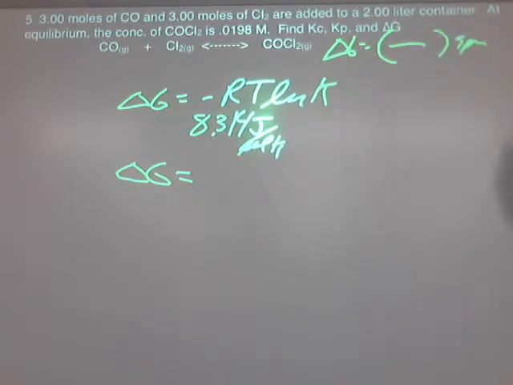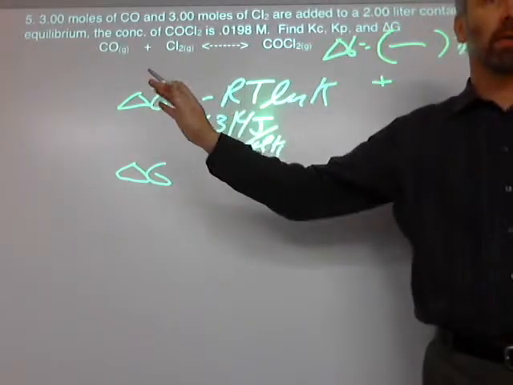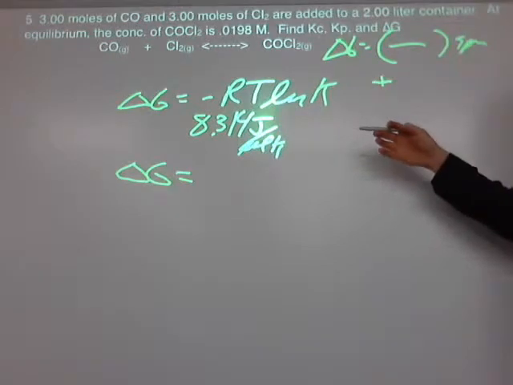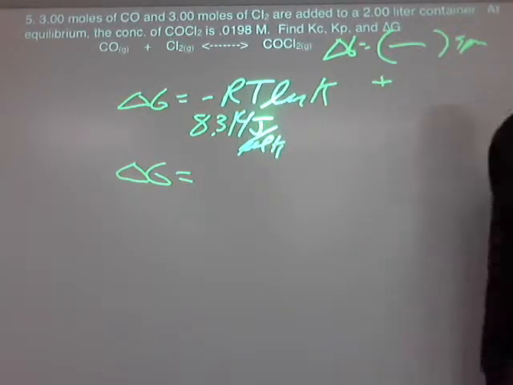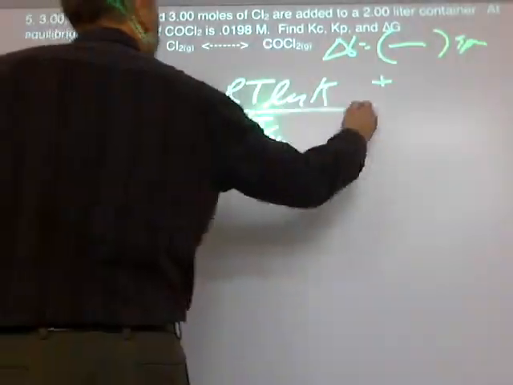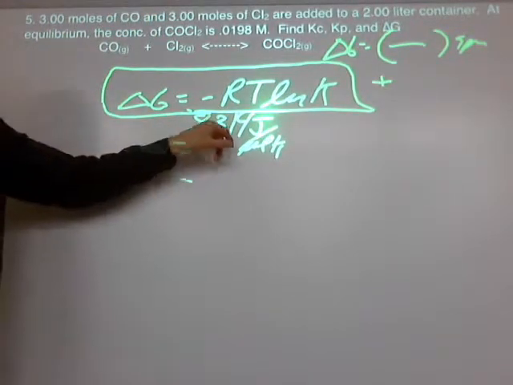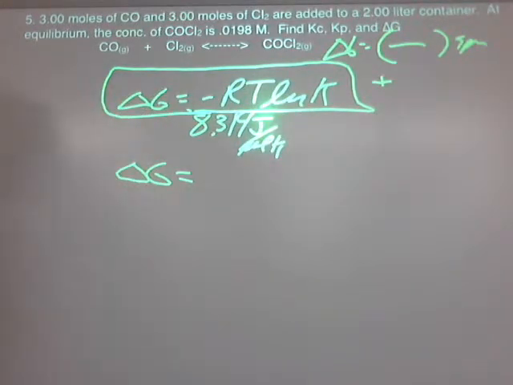Since I have a very small K, less than 1, I'm going to expect it to be reactant favored, not going very far, so it'll probably be a positive number. Delta G will be positive, whatever that answer comes out to be. If you want to do that right now, you can double check that. Just make sure you're using the right R, temperature 298, and the natural log of K, and see what you get.